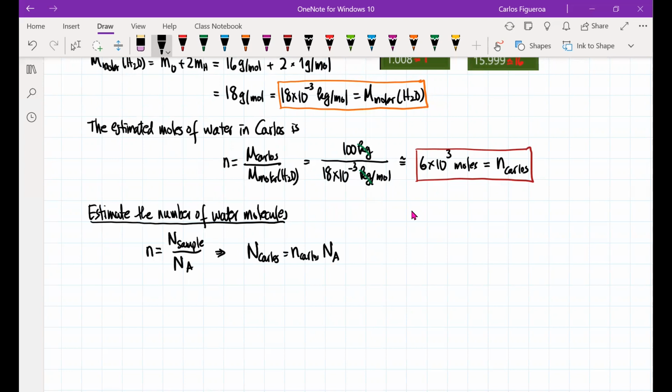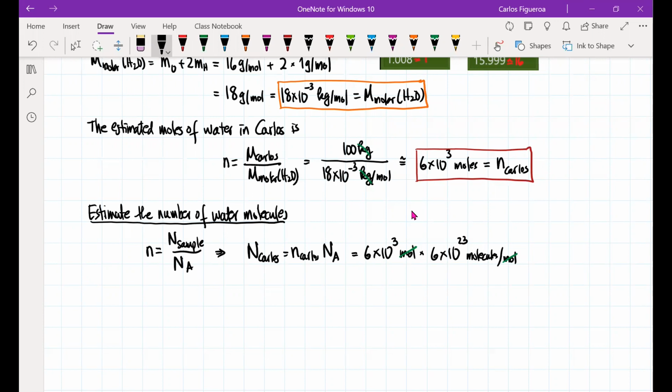This is roughly 6 times 10 to the 3 moles times Avogadro's number, 6 times 10 to the 23 molecules per mole. Again, the moles cancel.